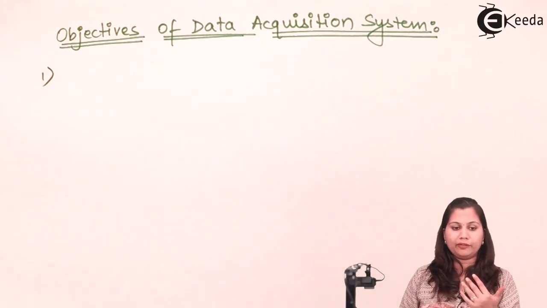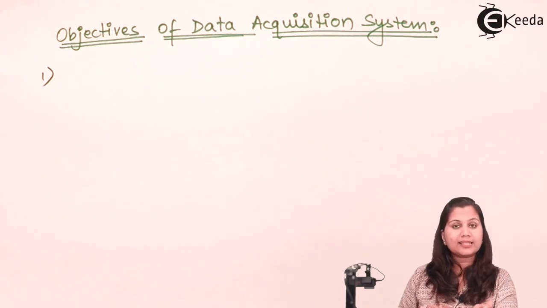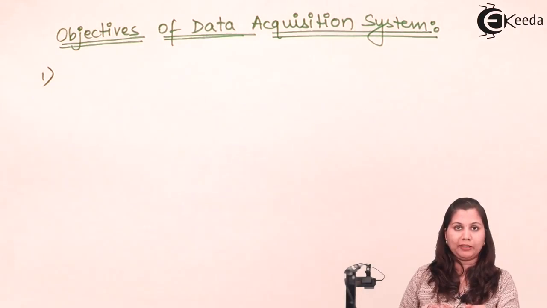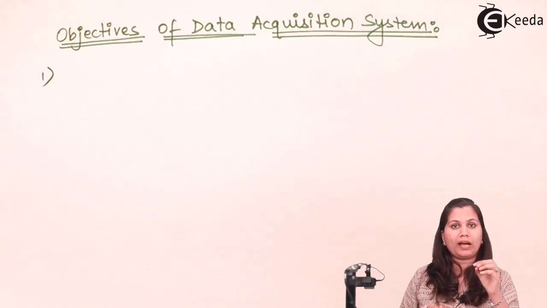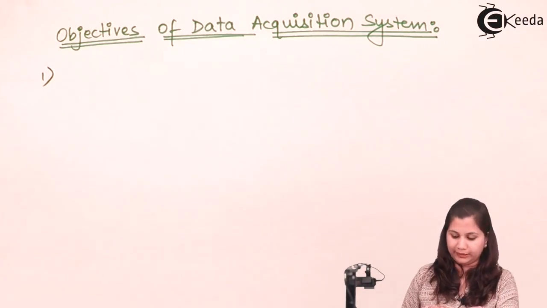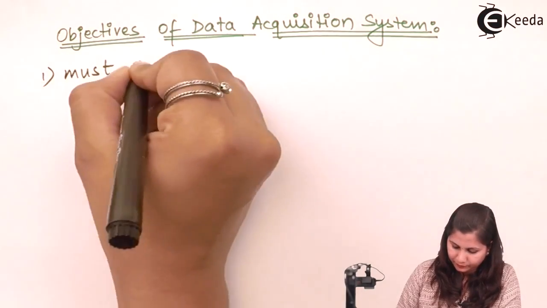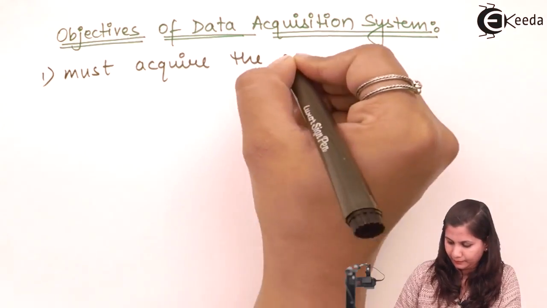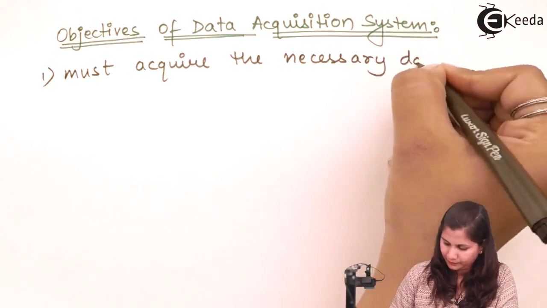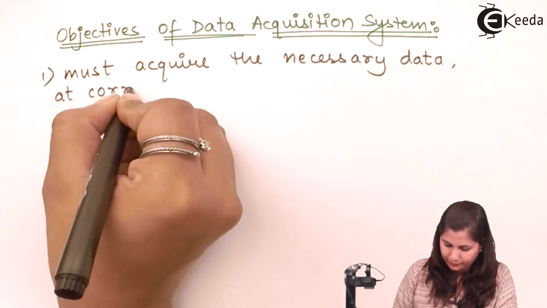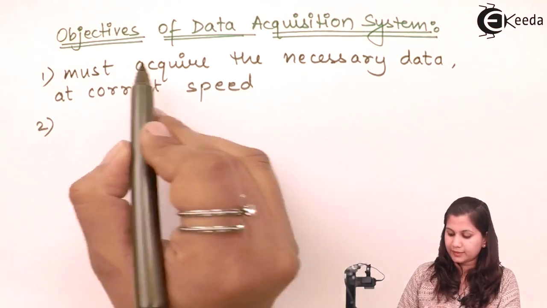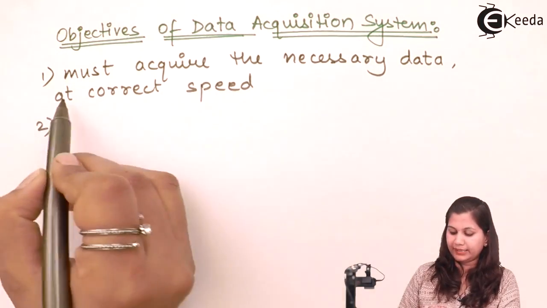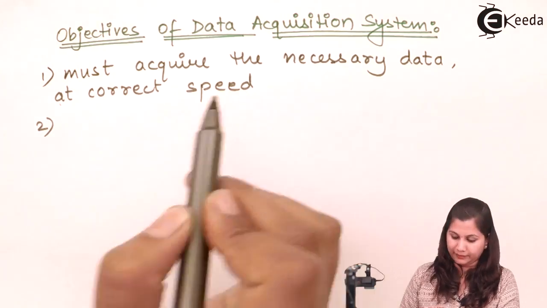Like if we want this type of electrical signal to be collected from the physical environment or physical world, then the data acquisition system must acquire that necessary signal only. So the system must acquire the necessary data at the correct speed.